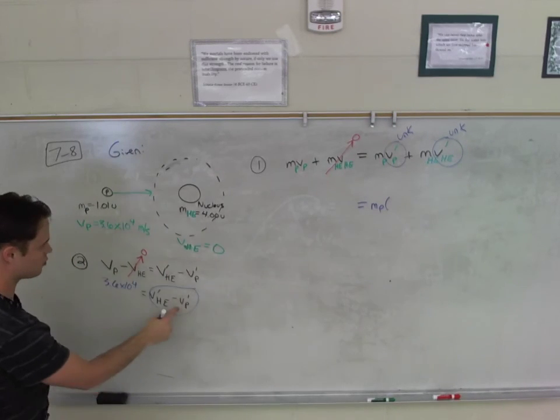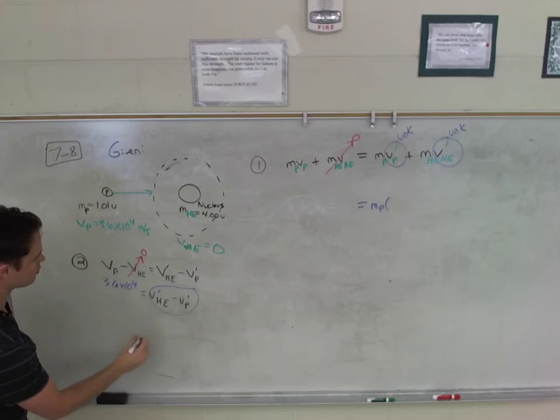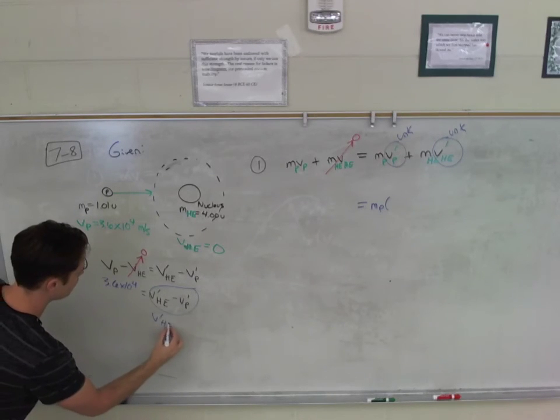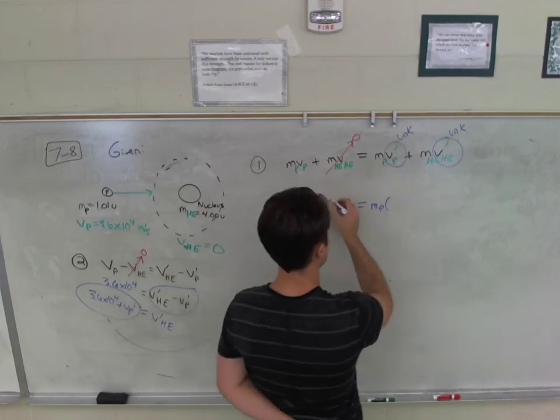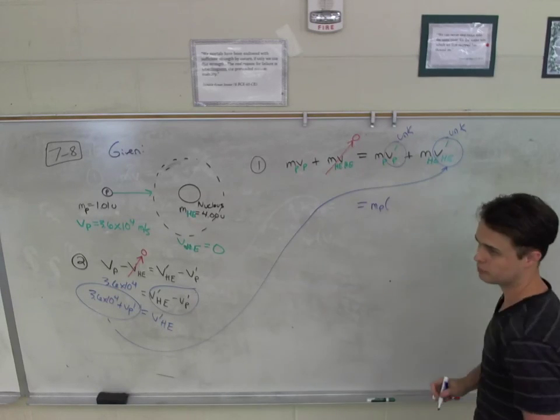I'm going to solve for the helium. So if we solve for the helium velocity afterwards, it's going to be that 3.6 number plus that, right? So now we can take this and stick it right there.